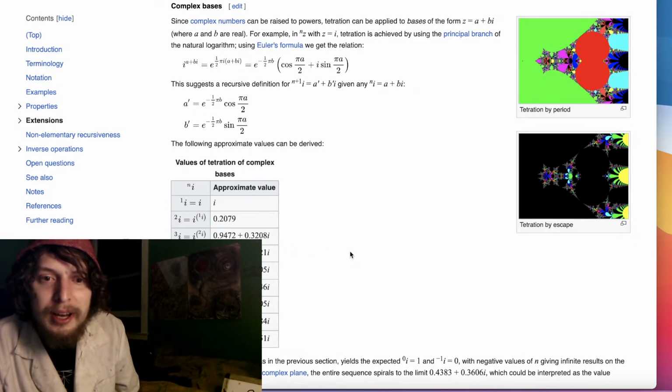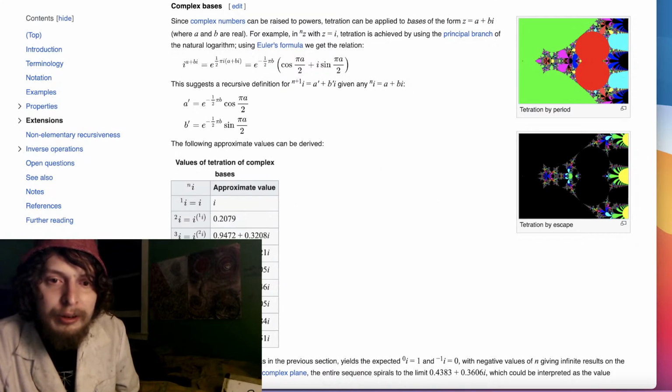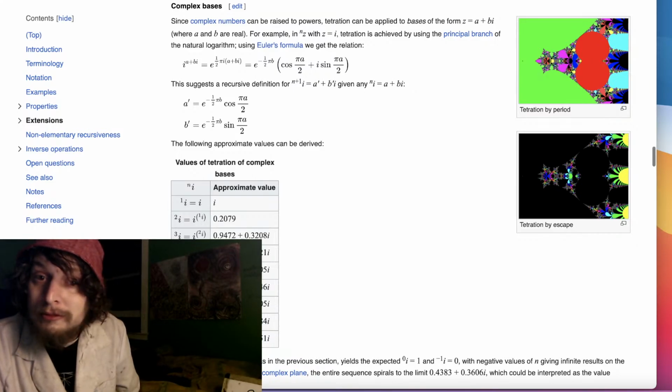Isn't that trippy? I haven't made a video about this yet. I will at some point in the future. But i to the power of i: real. No i's involved. It's on the real number line. There's a number on the real number line, not needing any i's, that is the value of i to the power of i. Strange.